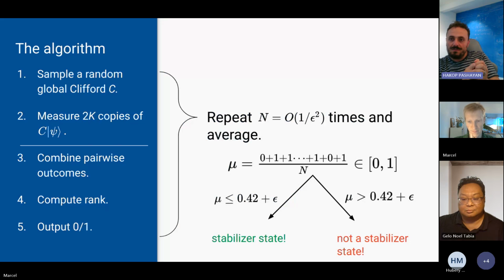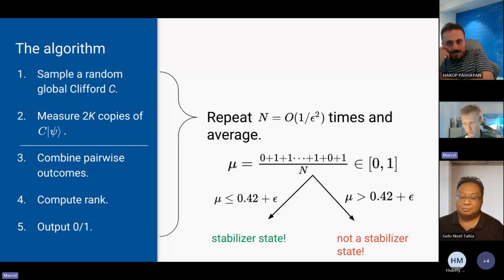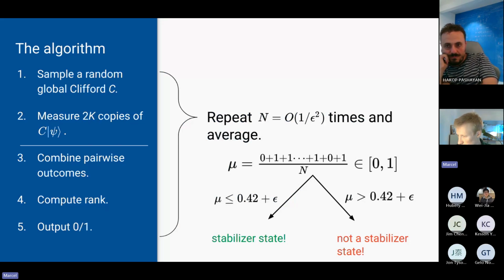And then it'd be higher rank, and you'd be okay. Yes, and as far as I'm aware, even if you allow multi-copy capabilities, there are no known tests for these better ways of defining magic, like including the stabilizer hull kind of things.